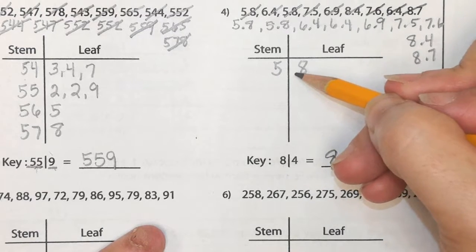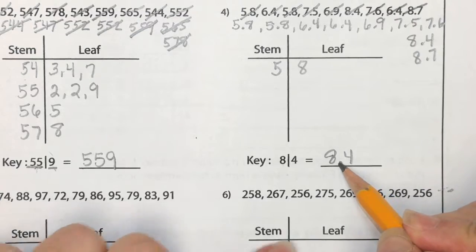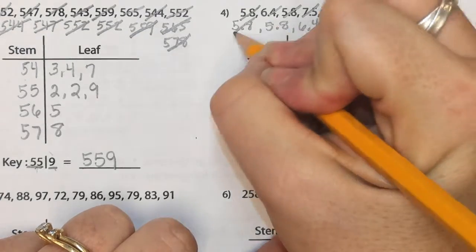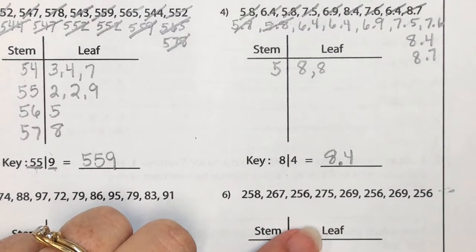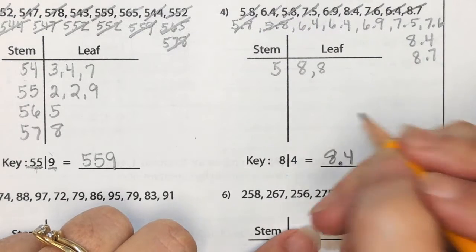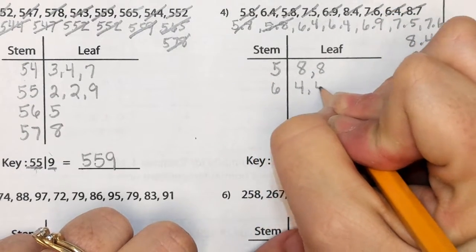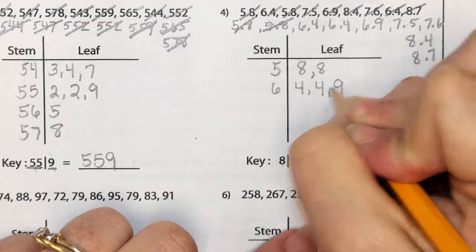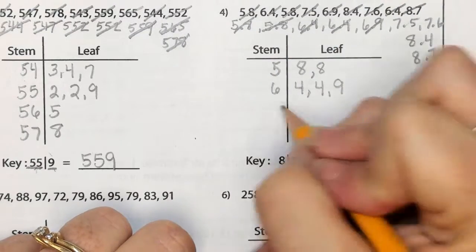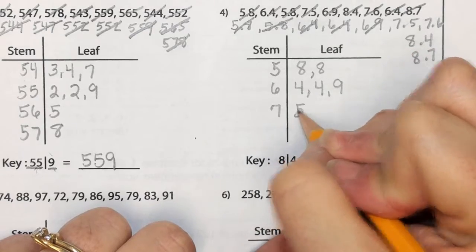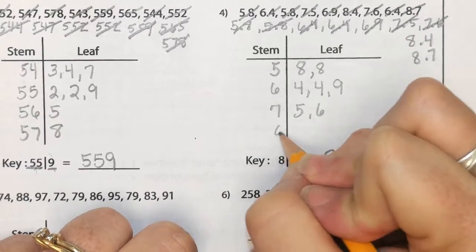Listen, don't put the decimal right there. That line is supposed to mean the decimal. Okay, there is another 5.8, so I need 2 of those. So now I'm going to go to 6s. 6.4, 6.4, 6.9. 7.5, 7.6.